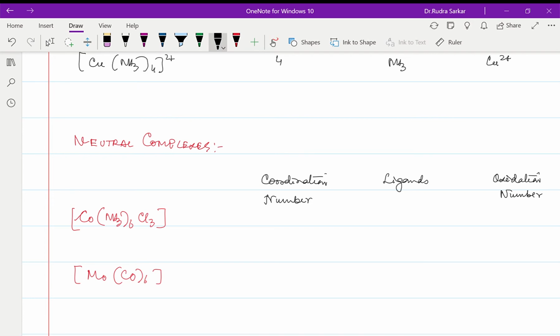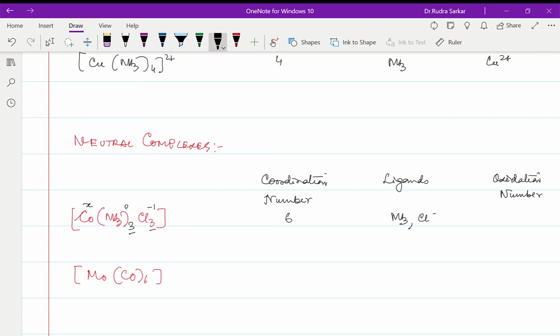Yeah. So what is the coordination number over here? See, you have 3 and another 3, so it is total 6. Ligands are NH3 and Cl minus. NH3 is neutral. Cl is minus 1.